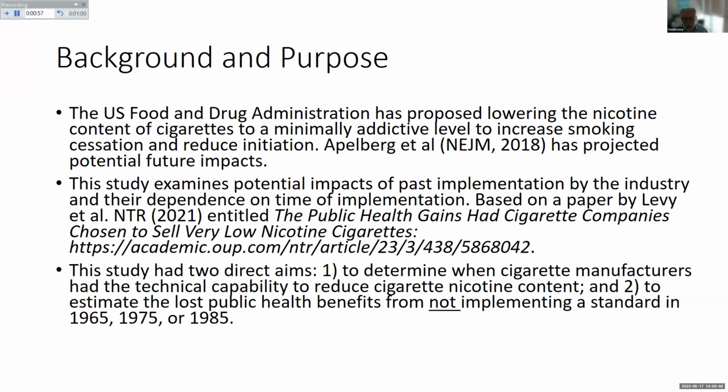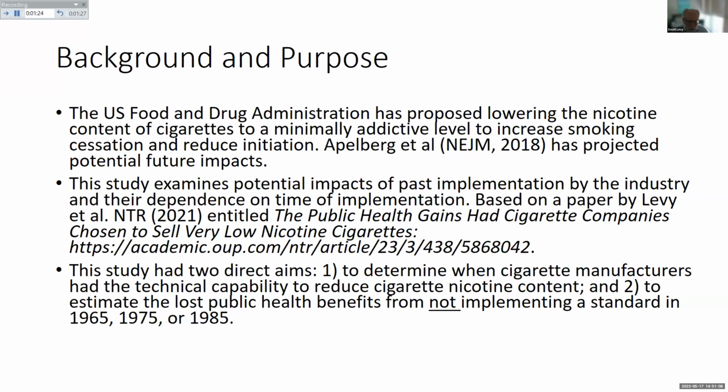The aim today, and part of why I felt that this presentation could be helpful, is it provides, I think, important evidence about the impact of a nicotine standard. And there's something we apply a lot in CISNET, and that is comparative modeling.